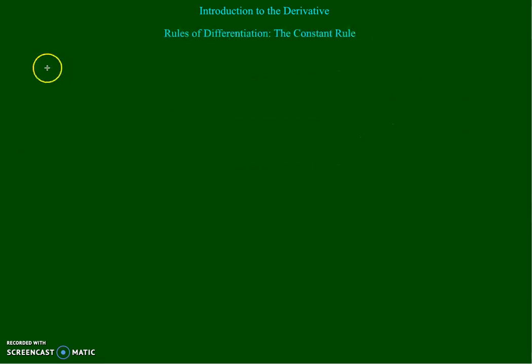Now the first rule that we're going to look at is the constant rule. And the constant rule says the derivative with respect to x of some constant value is equal to 0. Now this is fairly easy to see if you just imagine what this is talking about. Really roughly, we have an xy coordinate grid, and let's say that y equals 2.